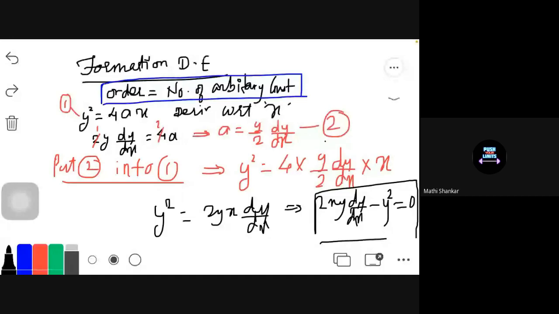I was given the equation of a parabola and I wanted to form a differential equation, and I have successfully formed the differential equation. I hope you have understood. Let's move on to the next.